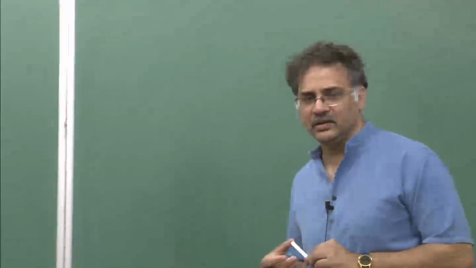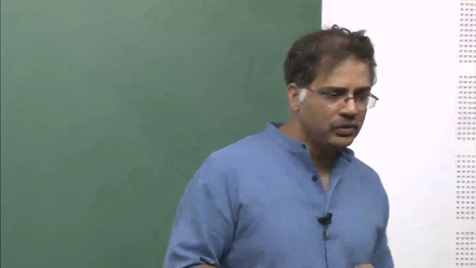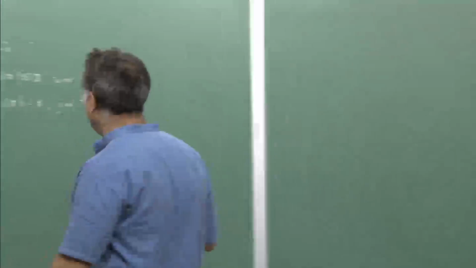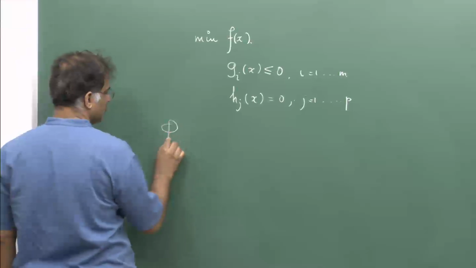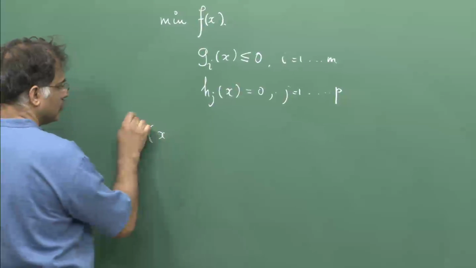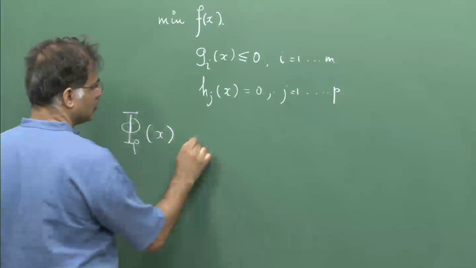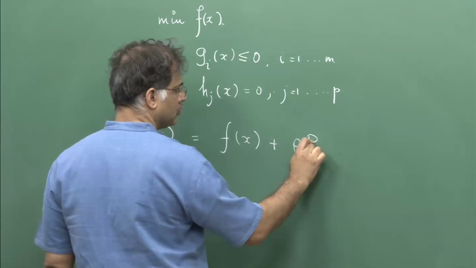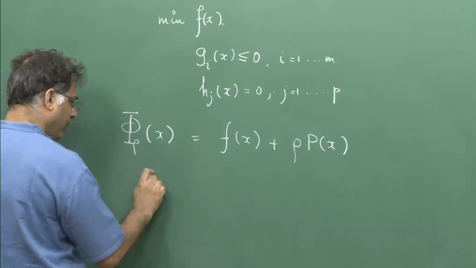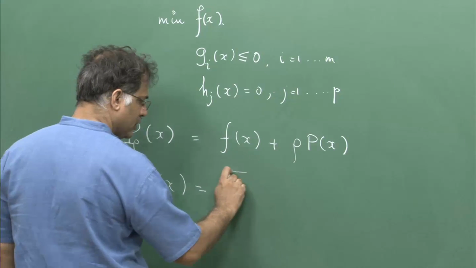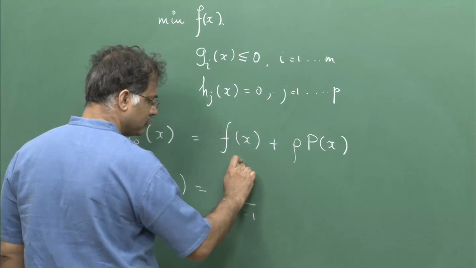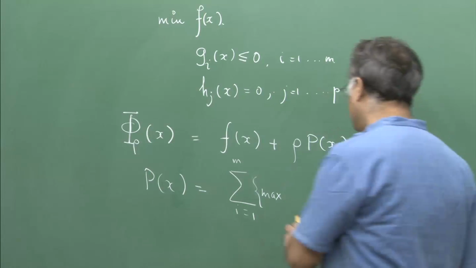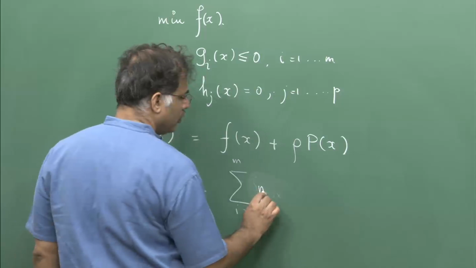Now, what I want to stress here is that in general, when you look into an unconstrained problem, in this case our penalized problem would be like this, where P of x, as we have discussed in the last lecture, is now this.